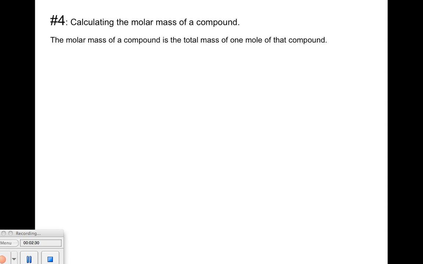A second problem would be the molar mass of PbSO4, or lead 2 sulfate. Again, you need to separate out and figure out what are the elements that are in this compound. So in this compound, we have Pb, we have S, and we have O. Now, we need to look at our periodic table again because we're going to need the mass of lead, sulfur, and oxygen.